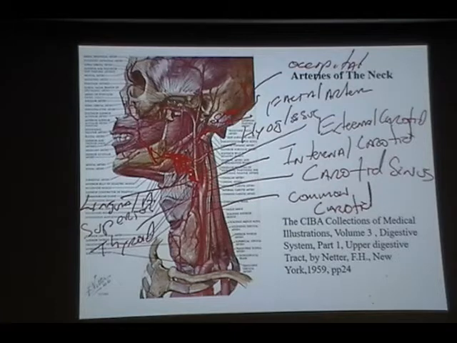So this vessel coming in here to this infratemporal fossa, this is branching here, down here. This is the maxillary. And then continuing up to the outside of the scalp, on the side, this is the superficial temporal.